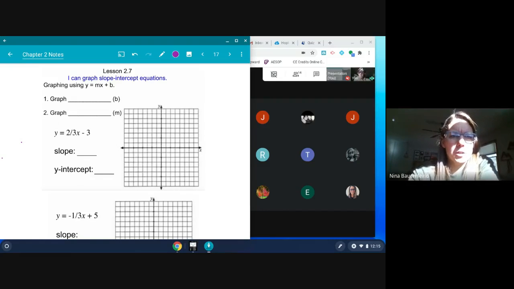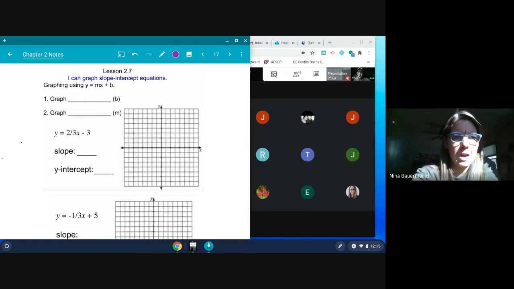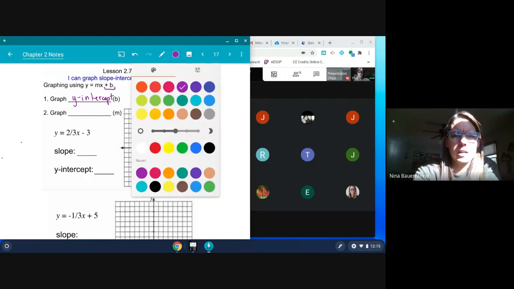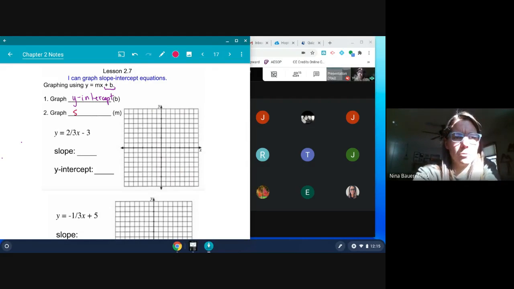First, we're going to graph the y-intercept, which is b. It's this number in the y equals mx plus b equation. And then we have to identify the slope, which is m in the y equals mx plus b equation.